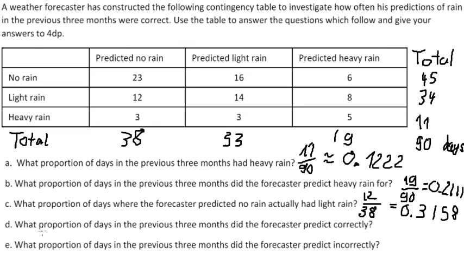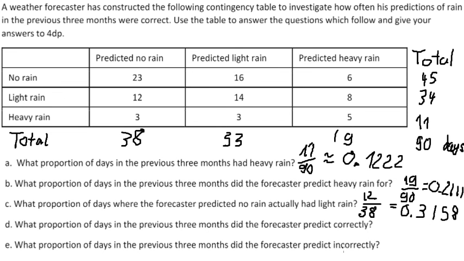Question D. What proportion of days in the previous 3 months did the forecaster predict correctly? So that's this number in here. Because predicted no rain, but that actually no rain in here. So we have 23 days. Similar for predicted light rain, we have light rain. So we have 14.